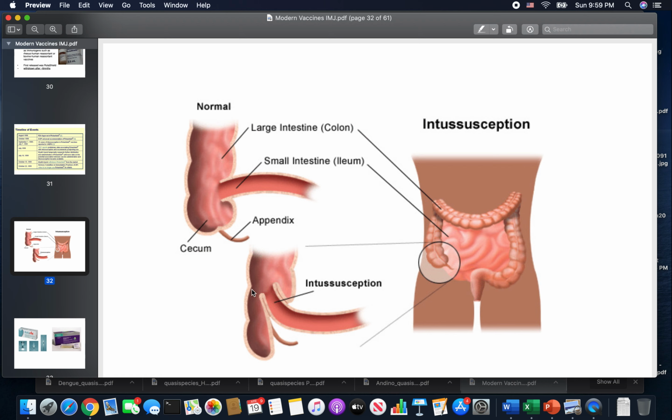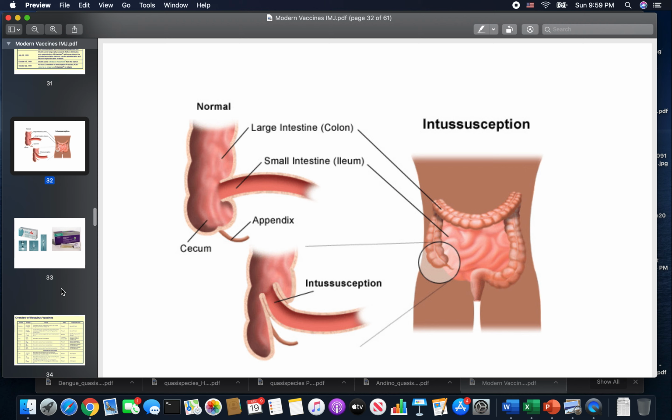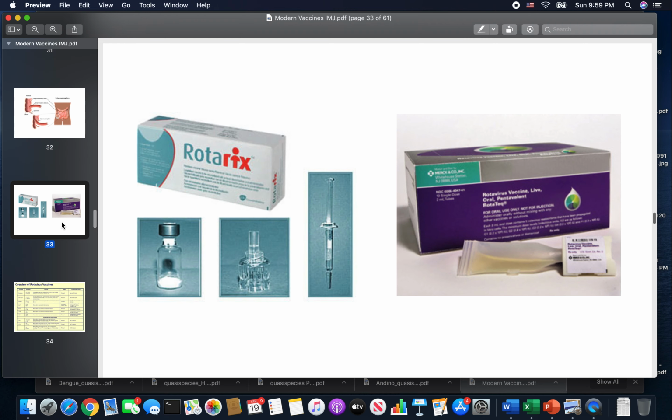If this ends up joining onto that and filling up with bloat and bacteria, you can end up with a very painful condition for the baby that can be dangerous. This is a rare complication. It's seen in premature infants in particular, and it was suspected that in this trial, there were a lot of premature infants who were given this Rotashield vaccine. They didn't know that it was going to be harmful, but it turned out to be harmful.